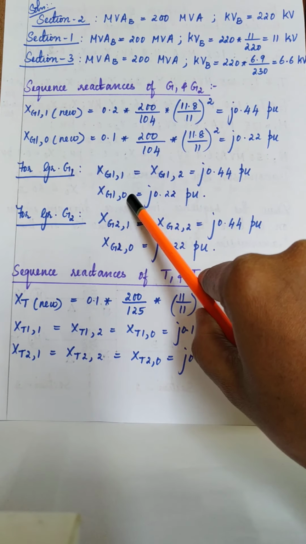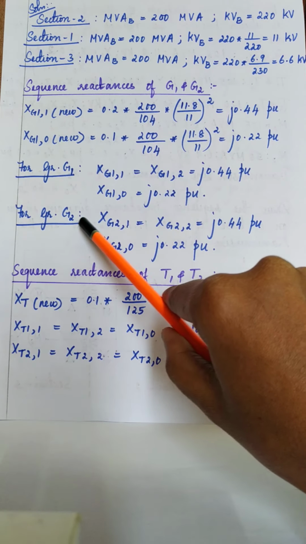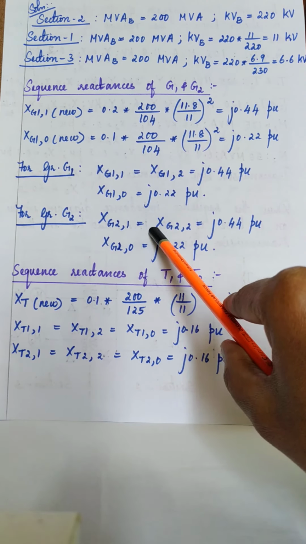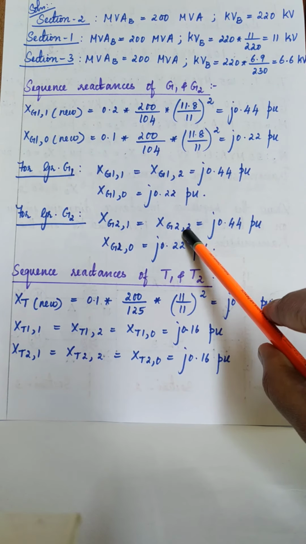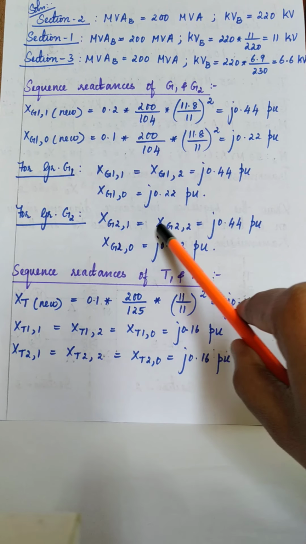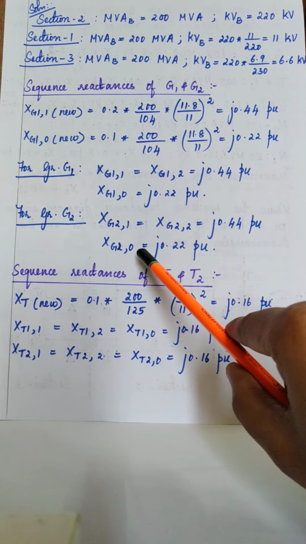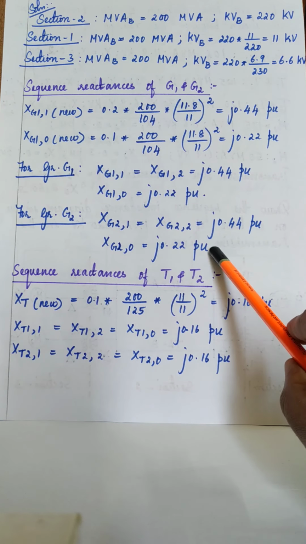The zero sequence reactance of generator 1 is j0.22. For generator 2 also the ratings are the same, only the notations I am changing: Xg2,1, Xg2,2. Positive and negative sequence reactance of generator 2 is j0.44 and the zero sequence reactance of generator 2 is j0.22.